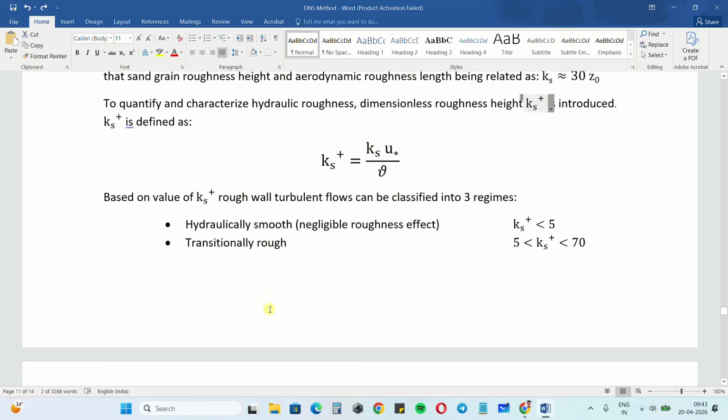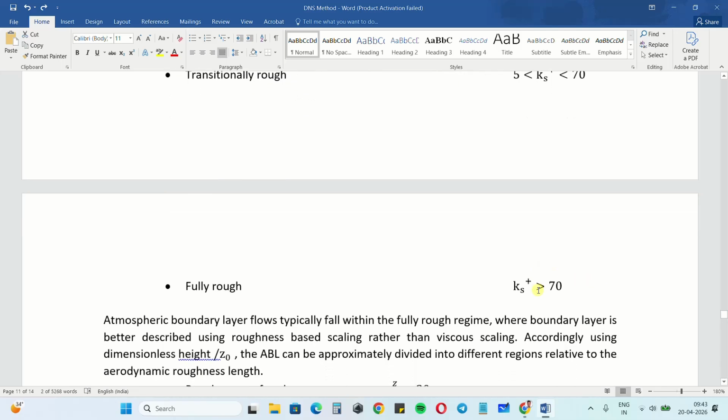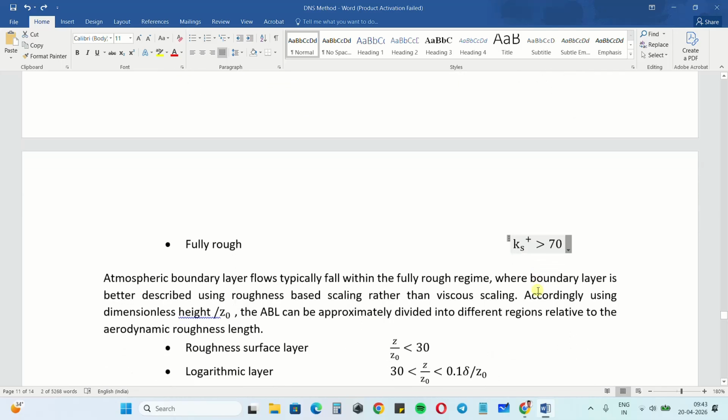Okay, but in our case what we have is a fully rough situation with actual scale geometries. So then we have to rely on roughness scaling. Okay, and for that we use a dimensionless height of z over z0.